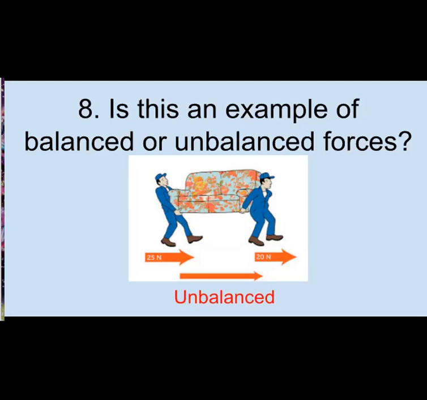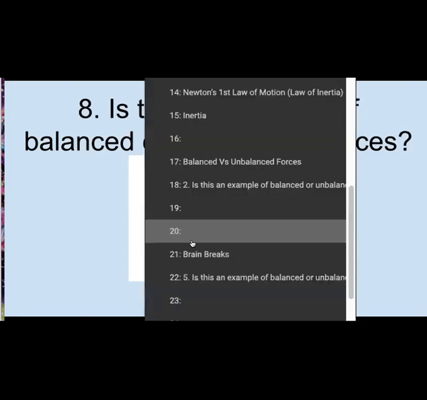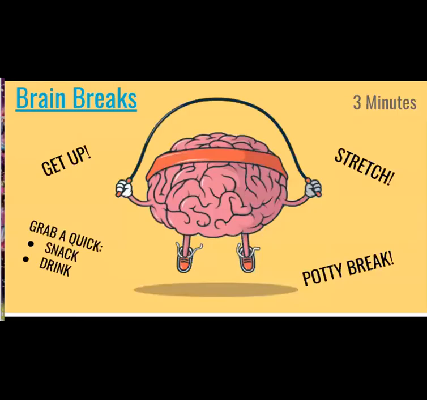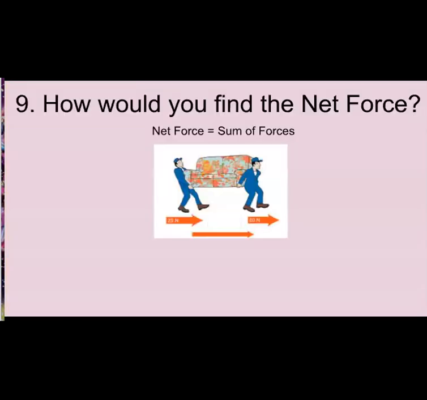If they're not going in opposite directions and they're not canceling each other out, they're not equal, then it is unbalanced. We're going to hold off on our break a little bit, okay? We have those movers still. Go ahead and do number 9.